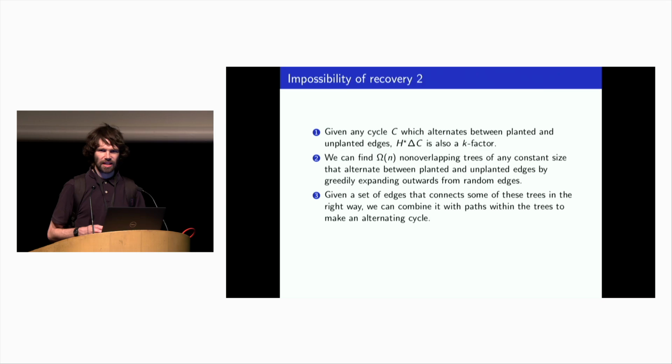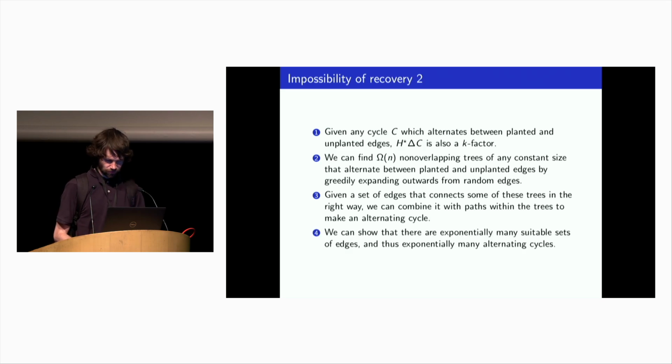Then I argue that if we have a set of edges which goes from one of those trees to another in essentially a cycle of trees, then we can take the paths within the tree from one edge to the next to make a cycle like that. So it suffices to prove that there are exponentially many of these cycles of trees. And you can do that by essentially creating an induced graph where each tree is replaced by a vertex with edges corresponding to which trees are connected to each other, but I don't have time to go into the details of that.